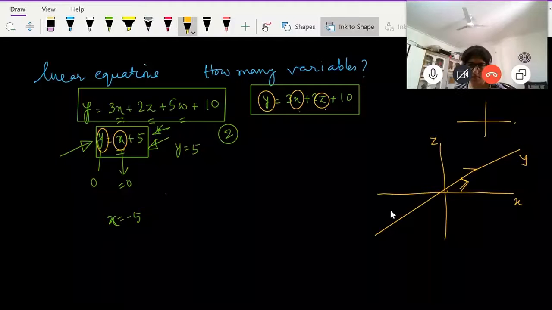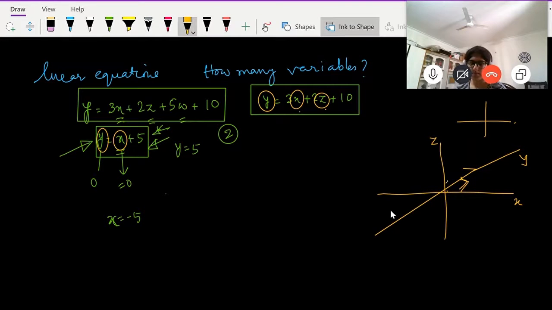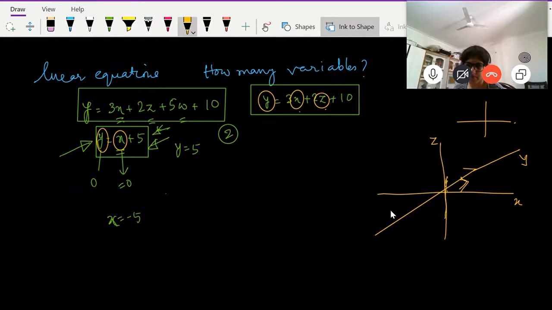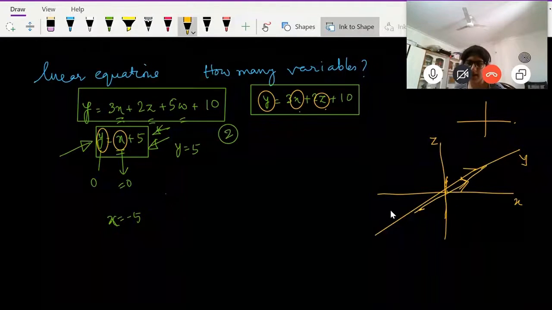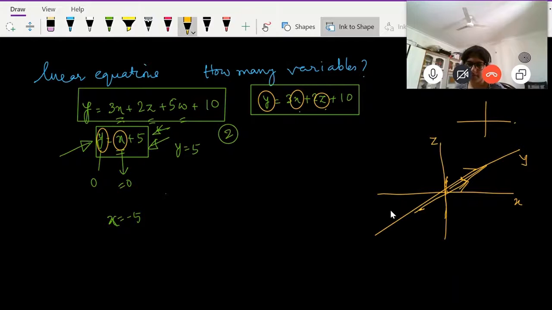So x and z 0 means x0 means it is y or z, right? Both are perpendicular, right? So x0 and z0. Z0 again means it will lie on the xy plane, right? So in that we have to take the value of y as 10.